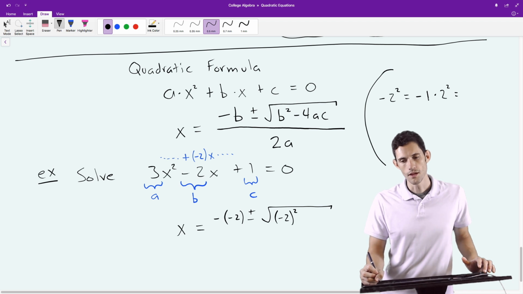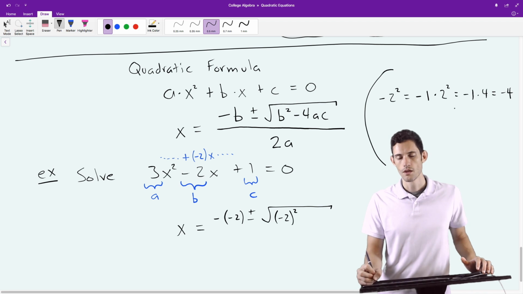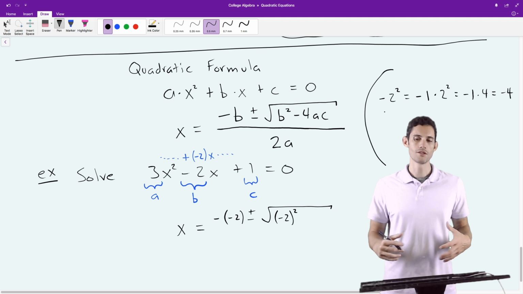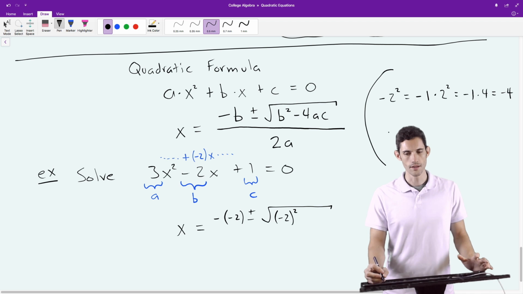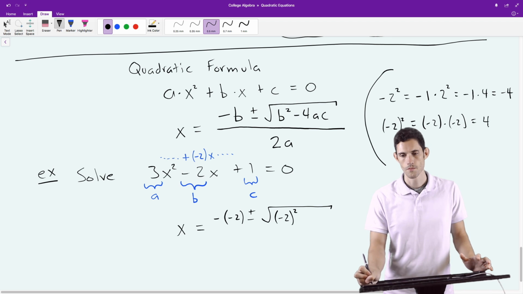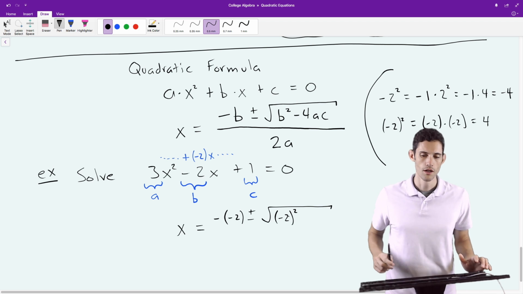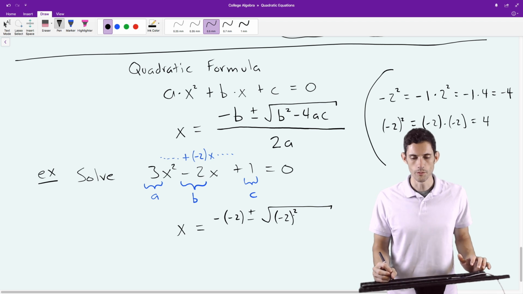So the negative 1 comes after the exponent here. So this is equal to negative 1 times 4, which is negative 4. You may be thinking, well, my number is negative 2, and that's what I'm squaring. But if you write it like this, that's not what that means. So you have to put parentheses. And in that case, you'll get negative 2 times negative 2 is 4. So that's why I put parentheses down here. Your math teacher at school might count points off if you don't put parentheses there.